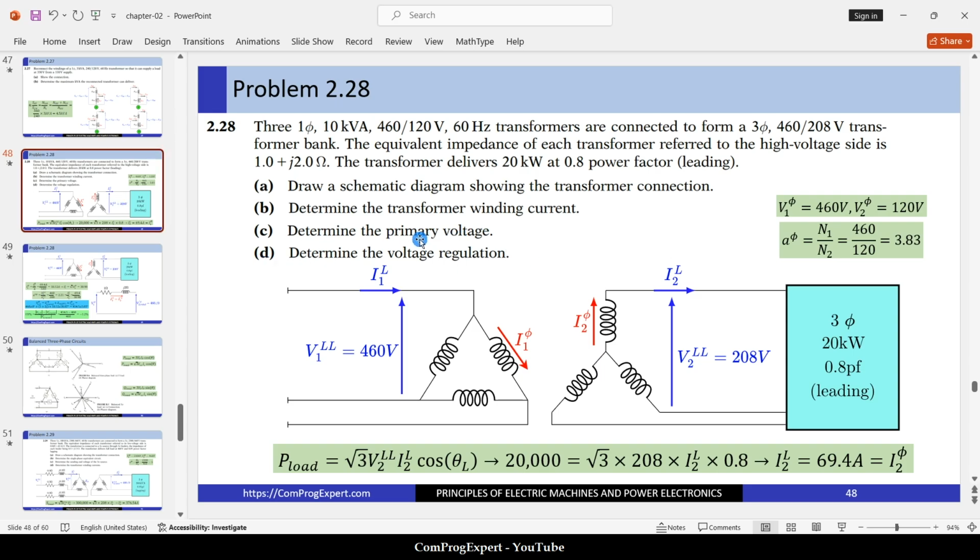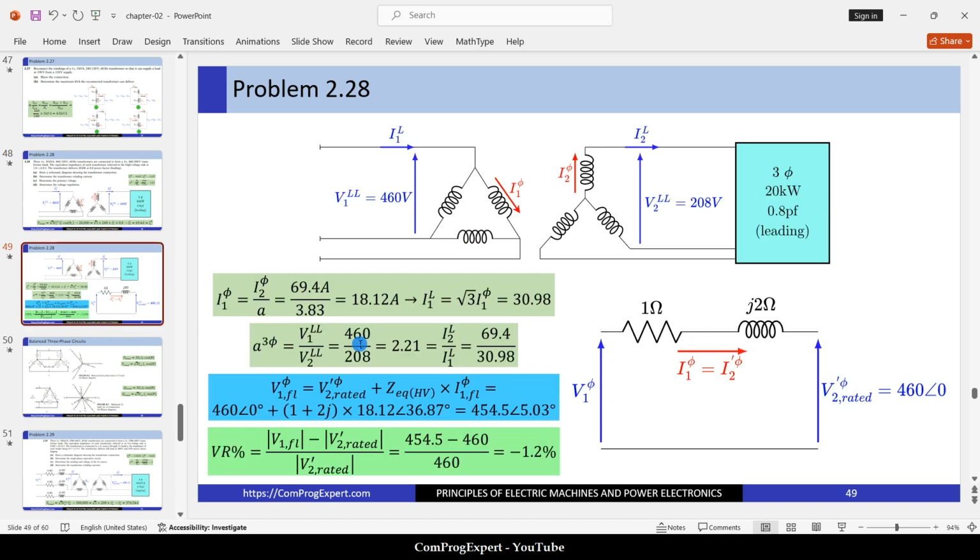Determine the primary voltage and then the voltage regulation. So here is the equivalent circuit for the transformer, one phase. Here we have V2 prime rated for the phase, this load. The power 20 kilowatt at this rated voltage 208. What is the value of the phase voltage? 120.